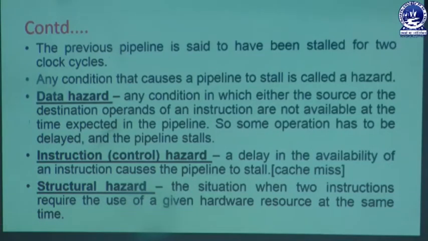Then the third one is the structural hazard. Structural hazard is the condition where two instructions need the same resource to execute or do the operations. In that situation, the operations will be delayed or the pipeline stalls. So that is called structural hazard.